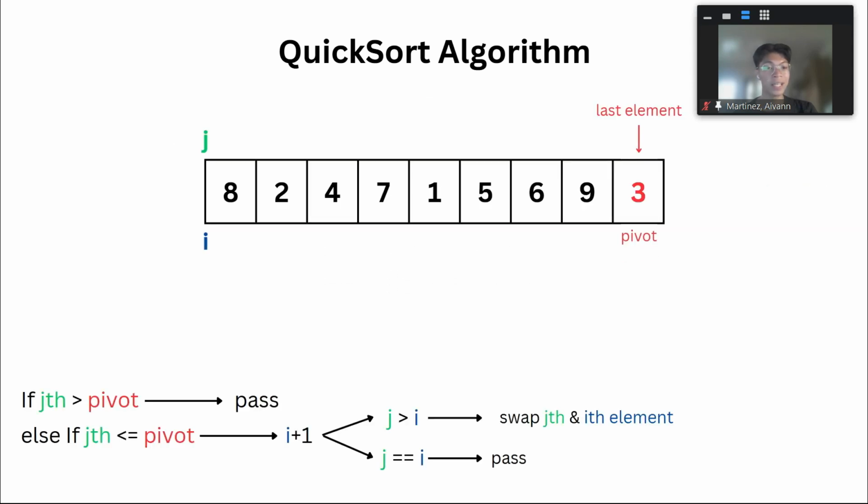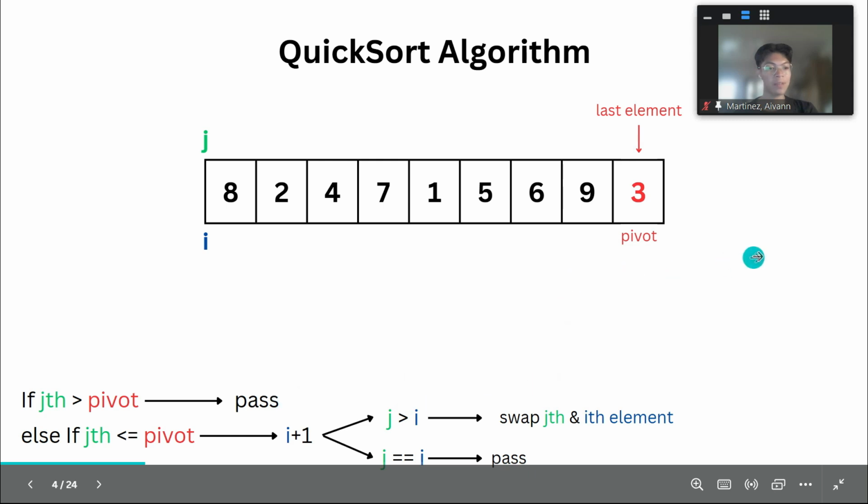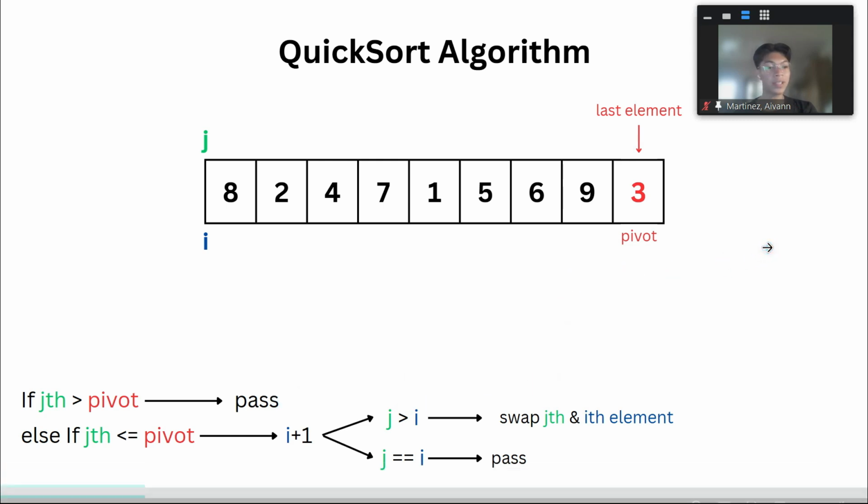Alright, so in this unsorted array, we have our last element, 3, as our pivot element. Notice below that we have a series of steps to follow whenever we iterate our counters. Instead of me going through each decision-making step, let us try to quicksort this given unsorted array to clearly understand the process.